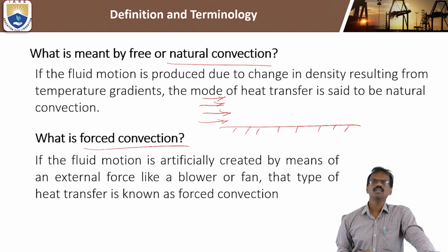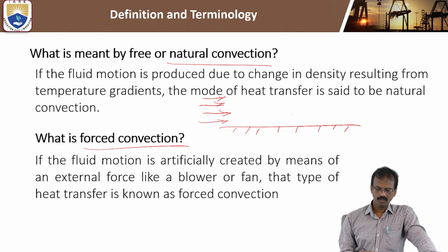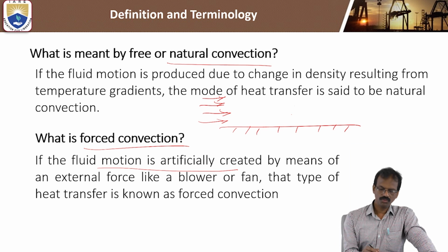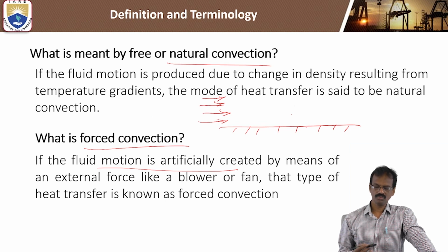So here fluid motion is artificially created by means of some external force. Due to the external agent, the fluid moves on the surface or in a pipe or something.